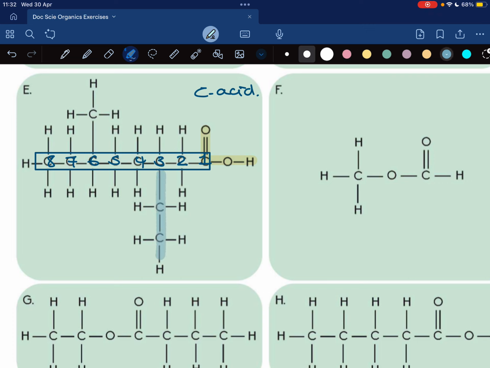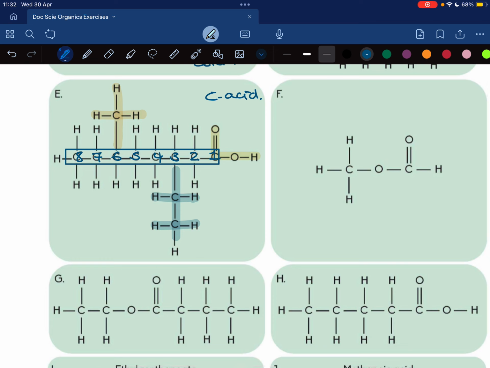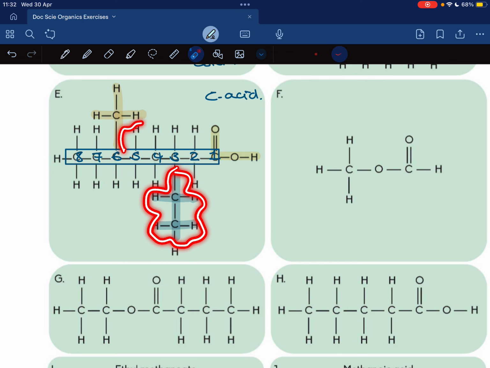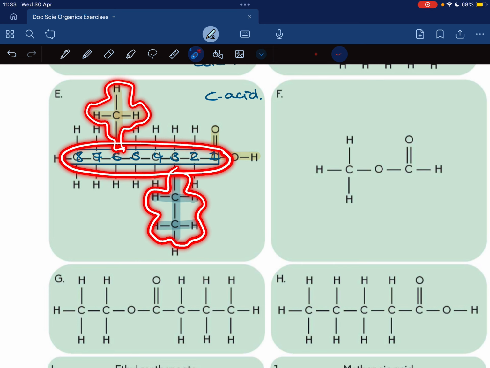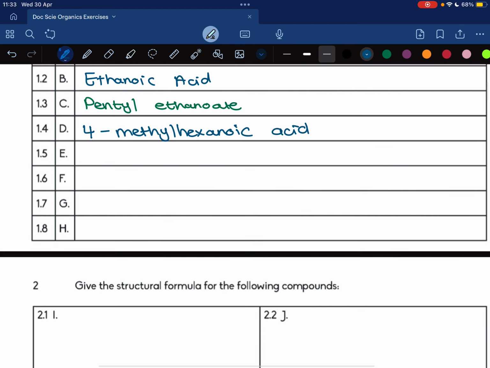So the ethyl is here, the double carbon, and the methyl group is there for the single carbon on 6. So it'll be 3 ethyl, 6 methyl, octanoic acid.